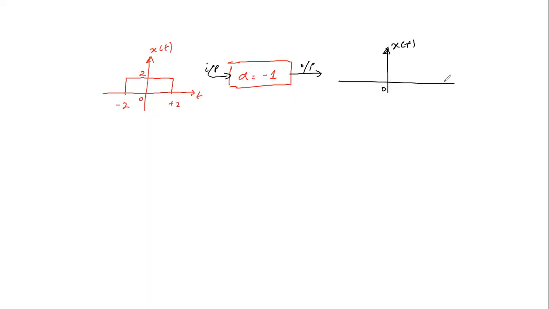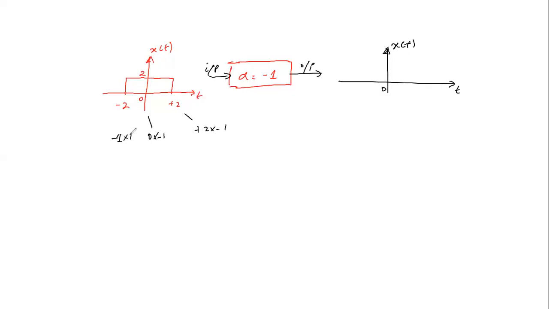S of t is the time scale, so this parameter operates on the time axis. So negative 1 times 1, then 0 times -1, then +2 times -1.